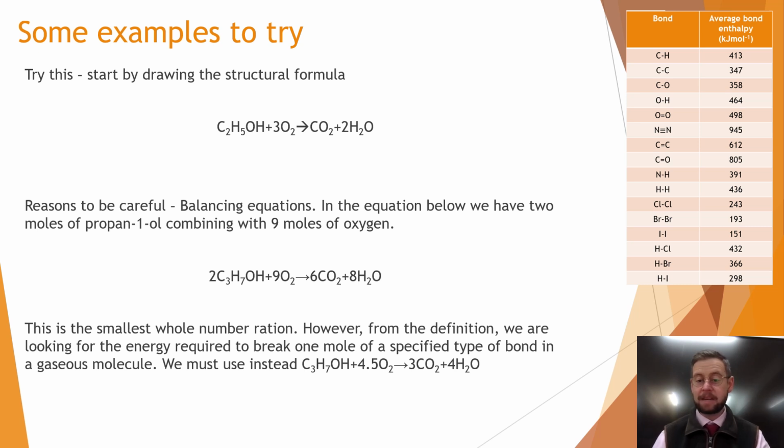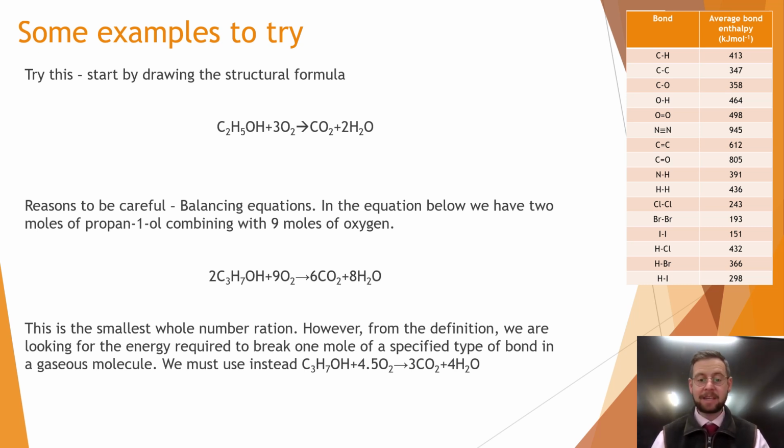However, if you remember from the definition, the energy required to break 1 mole is not going to be calculable if we run it through that formula, because you can see we've got 2 moles of propanol. 2 moles of propanol is not the amount of energy released from the burning of 1 mole. So what we must do is balance the formula, and then scale it down so that we're talking about 1 mole of the reactant that is being burned.